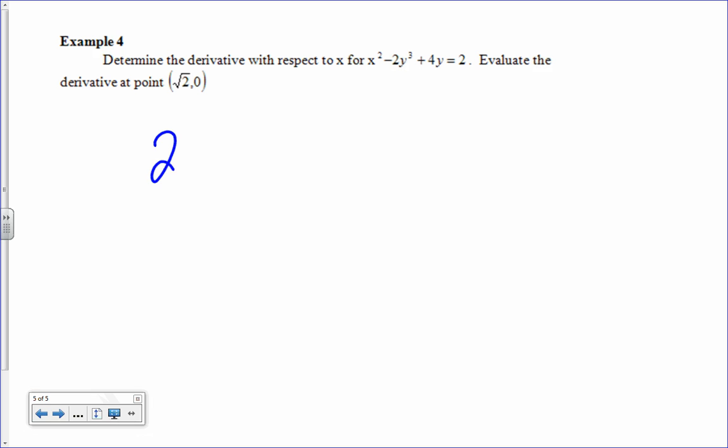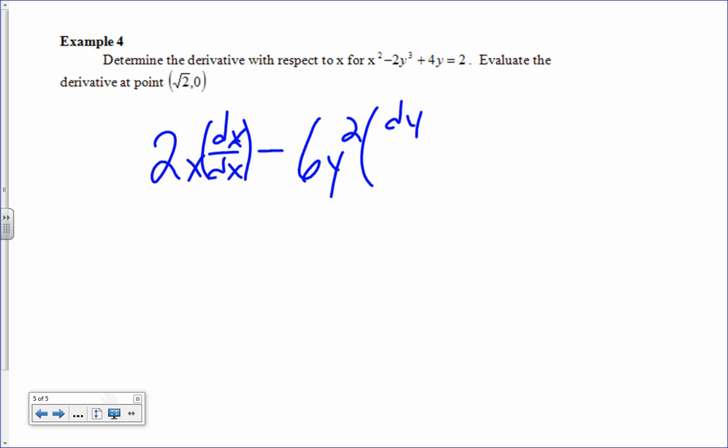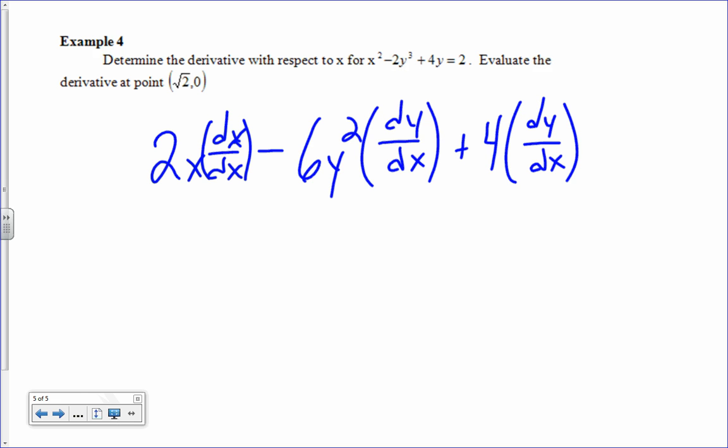Here we go. 2x dx. I'm going to write it this time because I can. Minus 6y squared dy dx plus 4 equals, again, don't always assume it's 0 because I could easily move the 4y over to that side or something like that.